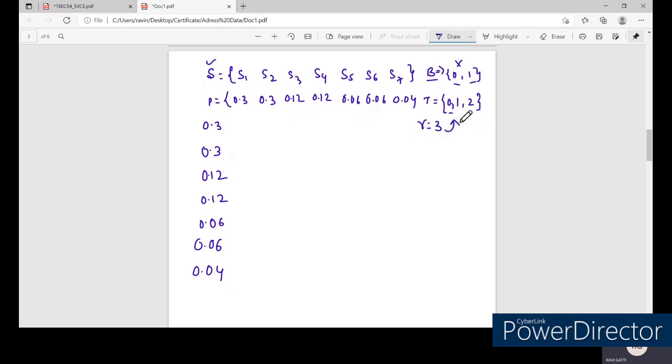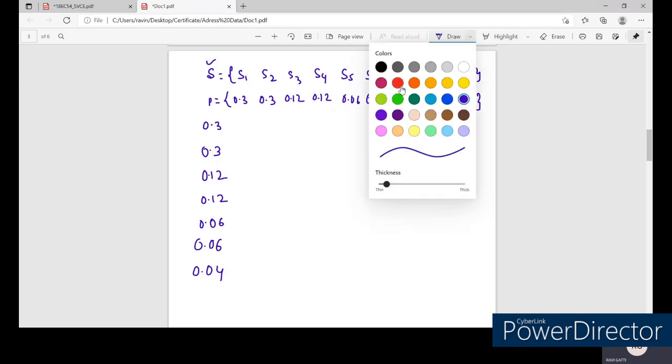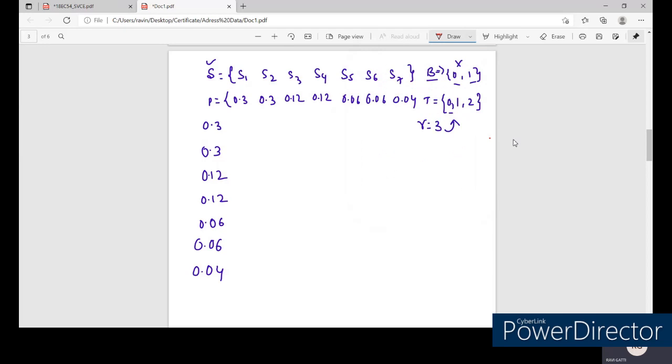When r is equal to 3, the code alphabet is 0, 1, 2. The next thing is to arrange the source symbols in decreasing order of their probabilities, which is what you have done here.